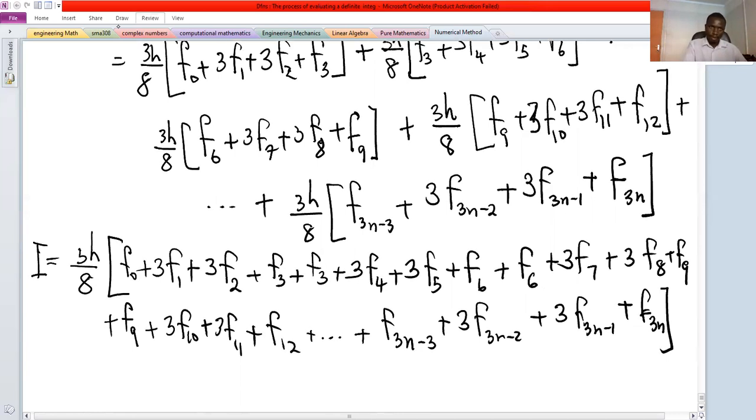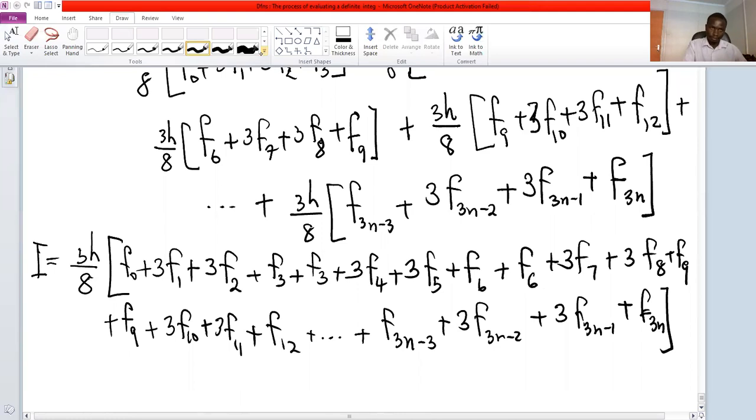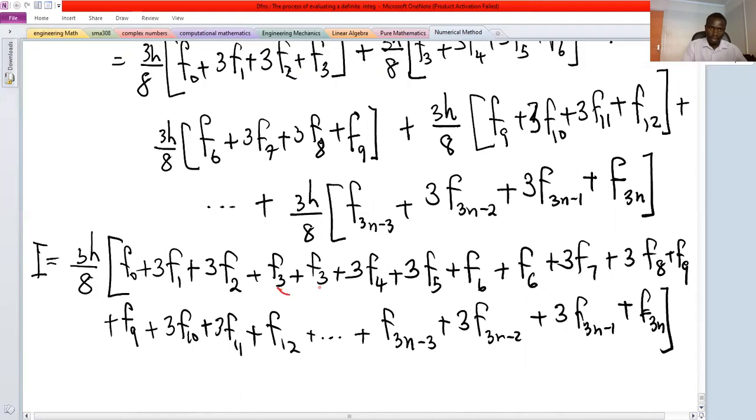Now, you can also see a pattern: this f9 and f9, so we also expect to have an f of 3n minus 3 here.